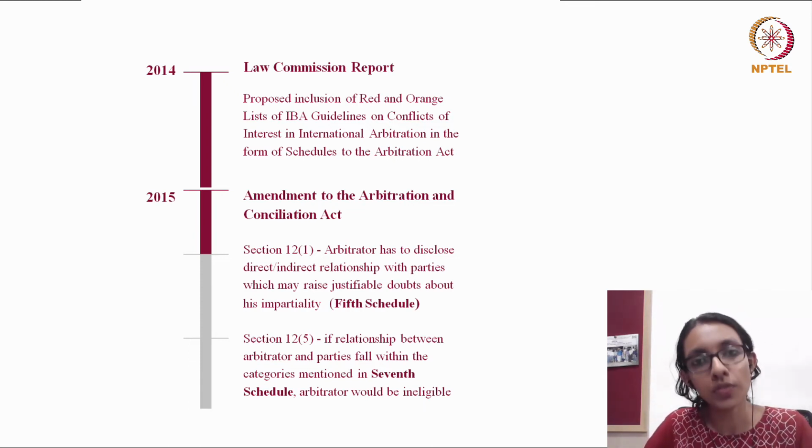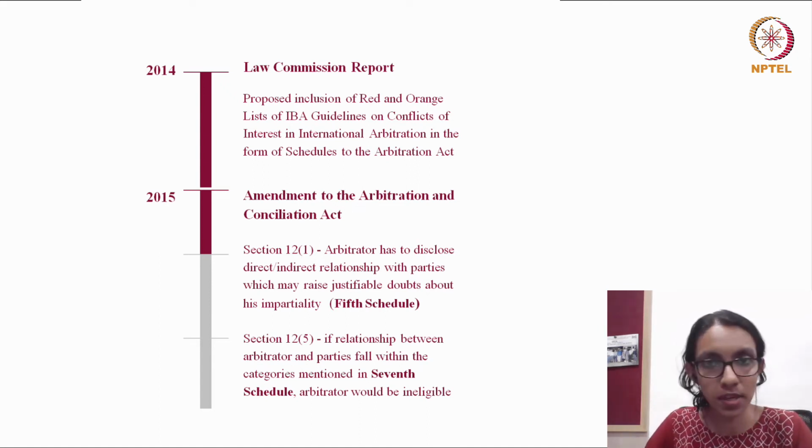And taking cue from this report, in 2015 an amendment was made to the Arbitration and Conciliation Act. According to this amendment, Section 12 Clause 1 states that the arbitrator has to disclose any direct or indirect relationship with the parties which may raise justifiable doubts about his impartiality.